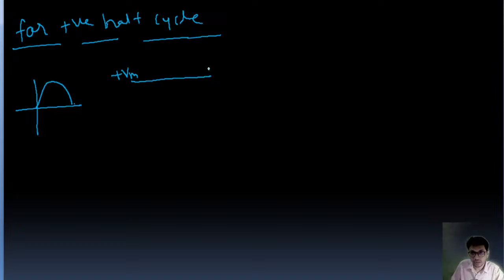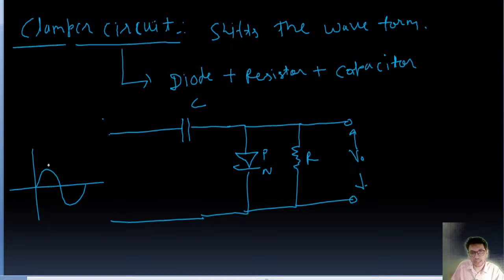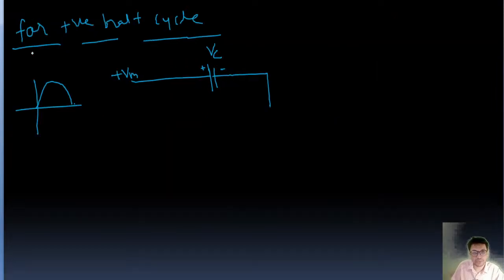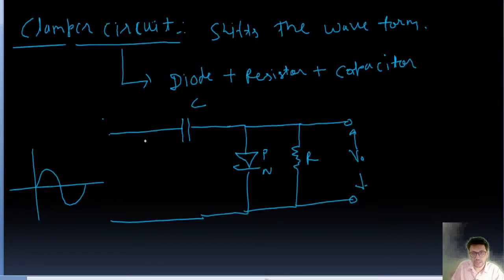So this is the capacitor, this is plus, this is minus, and the capacitor voltage is Vc, let's say. And then this is the diode. So now we have given the positive cycle, for positive half cycle means we have given Vm plus. So here you can see this plus and this plus, P. So this diode is in forward bias.